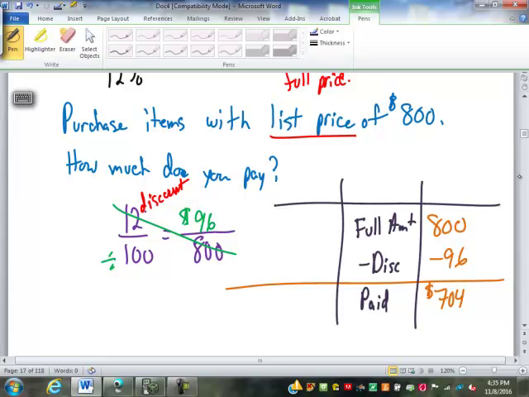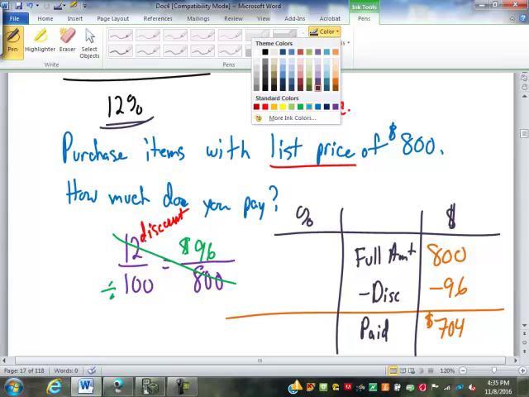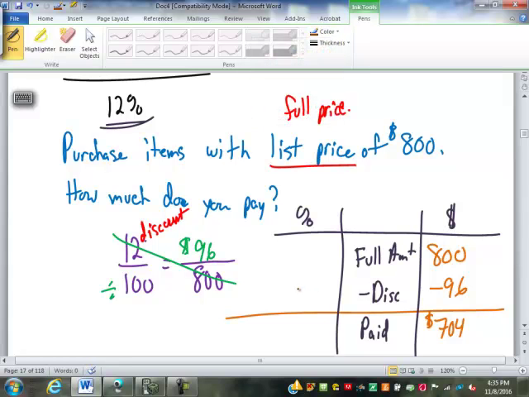And in a percent problem, every item is described by two numbers. In this case, these are dollar amounts. Of course, the other number that describes them are percents. In the problem, we are given 12% discount for the trade discount. So we put 12 in for the discount.